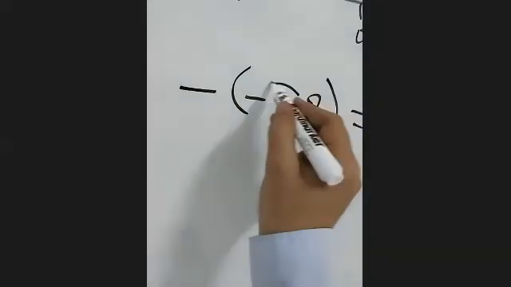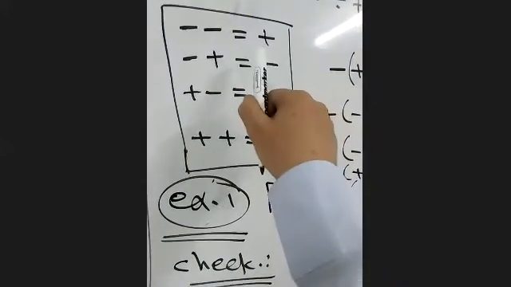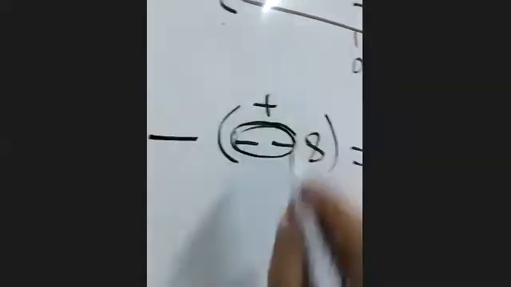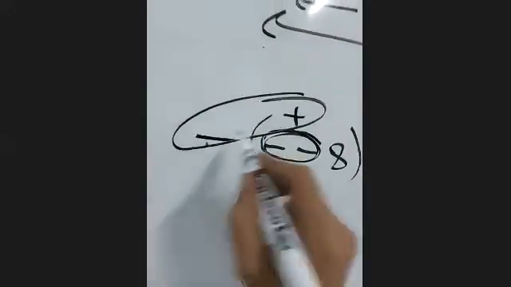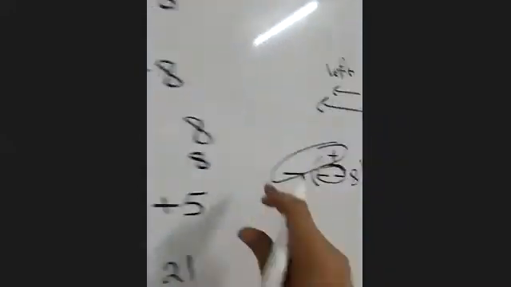Let's start here. We have two negatives. From the square, the two negatives is what? Positive. Now we have negative with positive. From the square, negative positive is what? Negative. So negative negative positive 8 is negative 8.